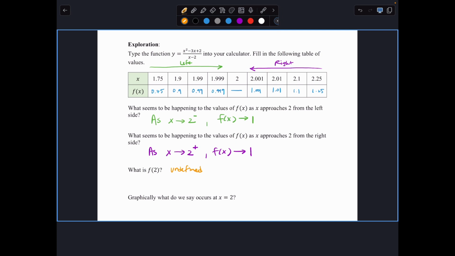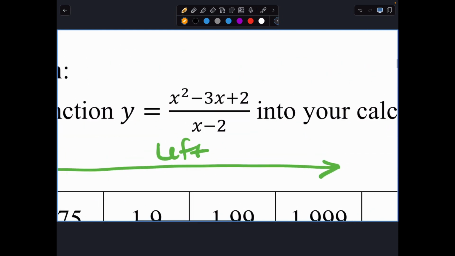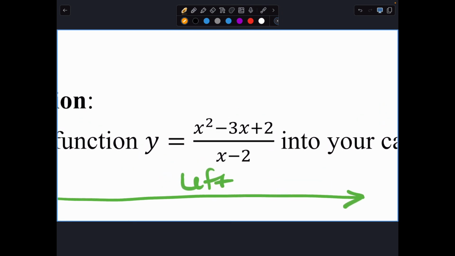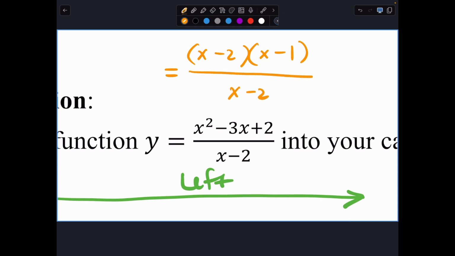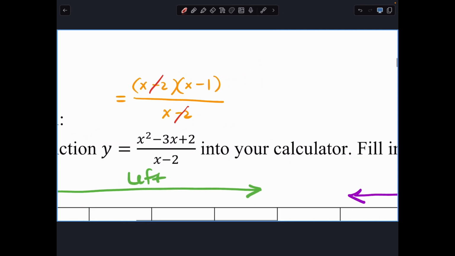So graphically, what would we say occurs at x equals 2? You guys have all these tools in your toolbox currently. Couldn't we factor the numerator? That's x minus 2 times x minus 1 over x minus 2. So we have that common factor.